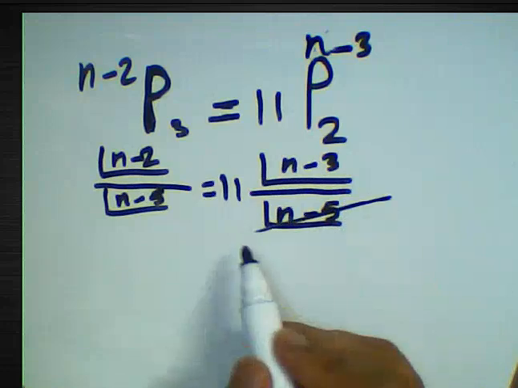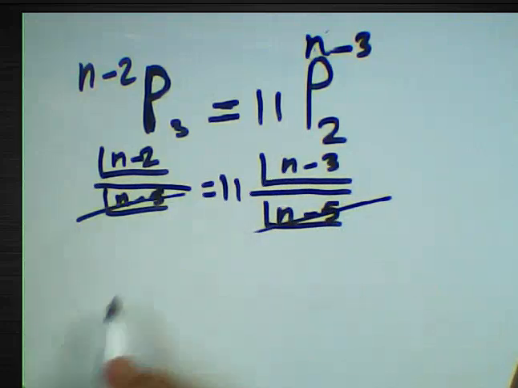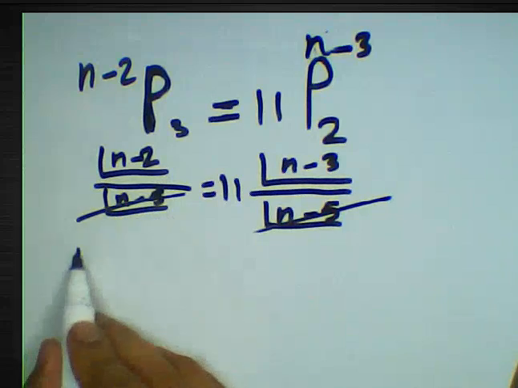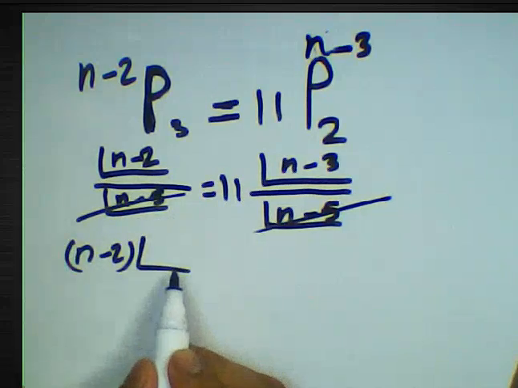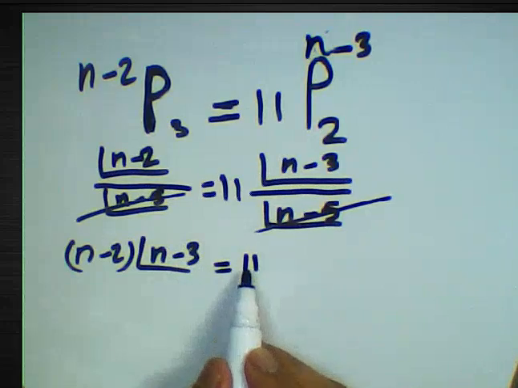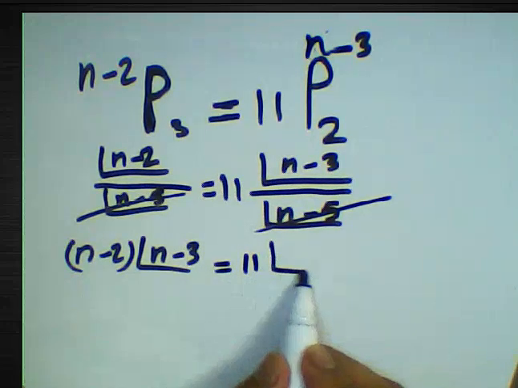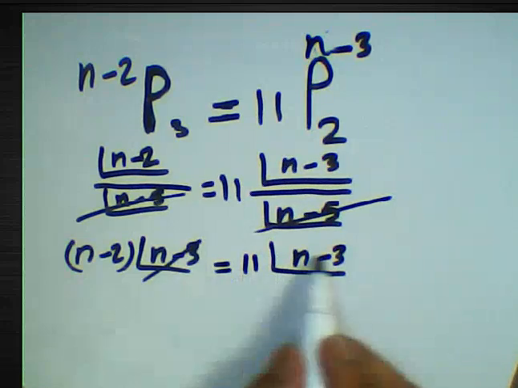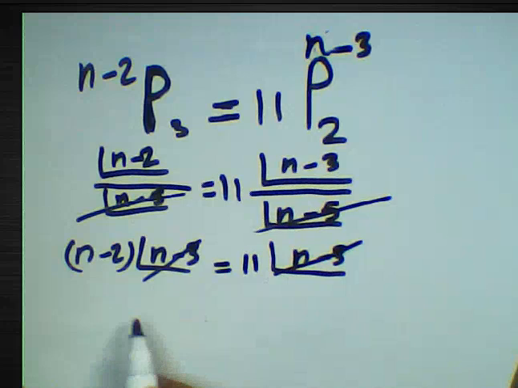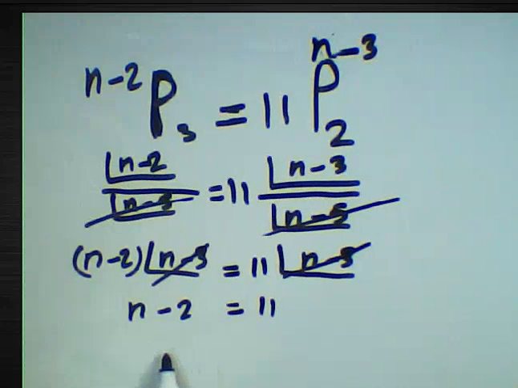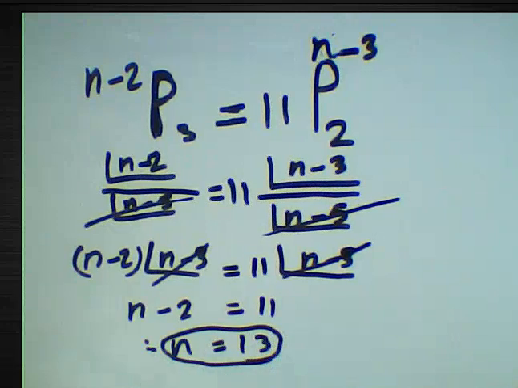And we can cancel factorial by factorial. Then (n−2)! we can write outside and write n minus 2 here, and the difference would be n minus 3, equal to 11 times factorial n minus 3. And then we can cancel factorial by factorial. Then n minus 2 will be equal to 11. Then n will be equal to 13.